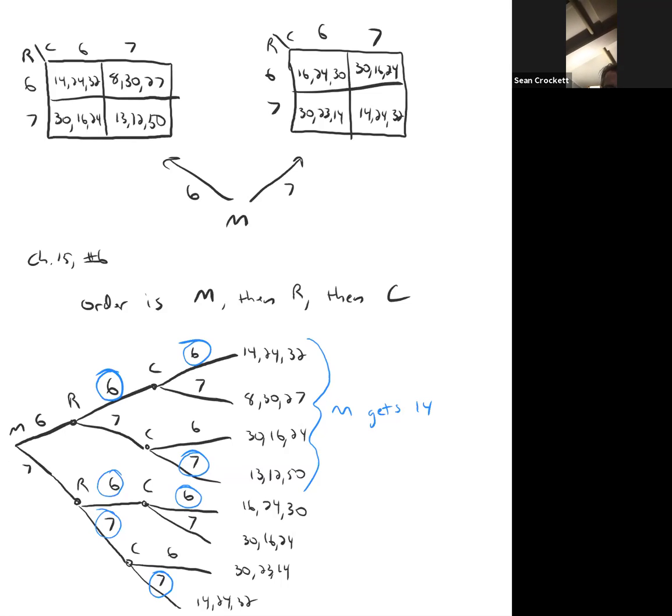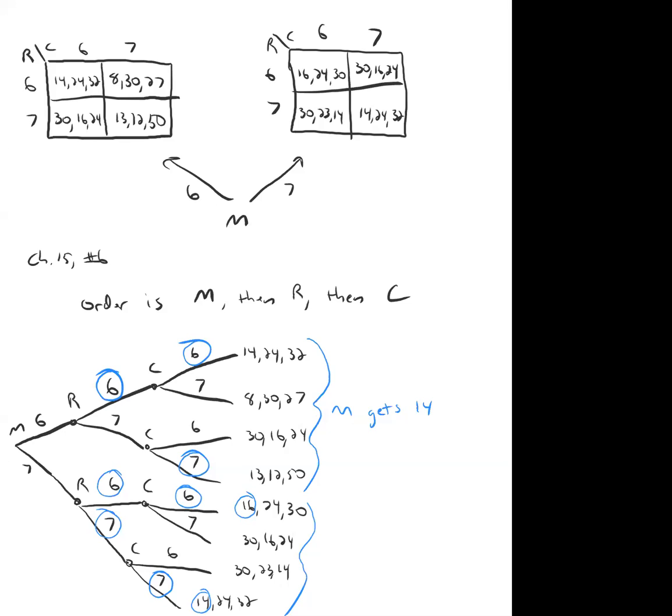If she picks the 7 o'clock time slot, if the other players are playing 6-6, she's going to get 16. And otherwise, if player R goes 7, then she's going to get 14. And so she would choose 7.